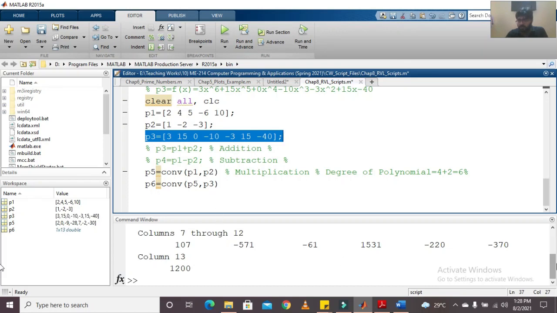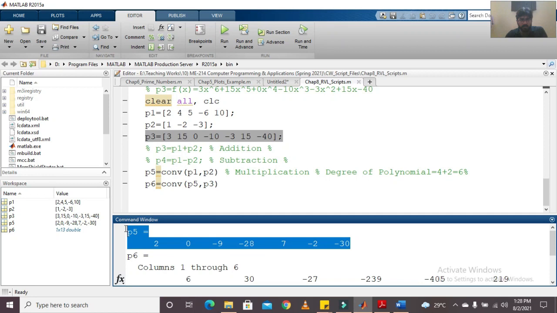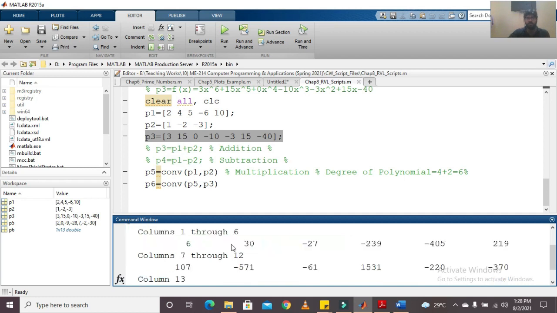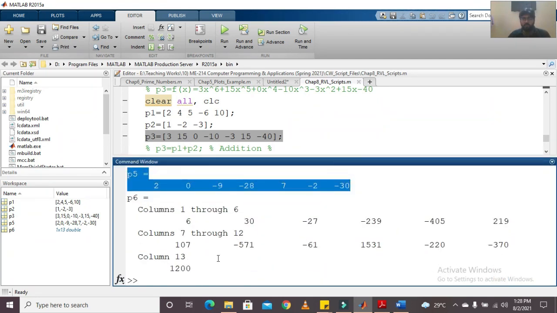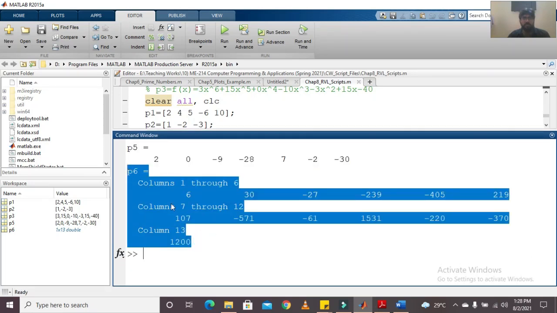When I execute it, here you can see this was my P5, the result after the multiplication of P1 and P2, and this is my P6, the resultant after the multiplication of P5 and P3.